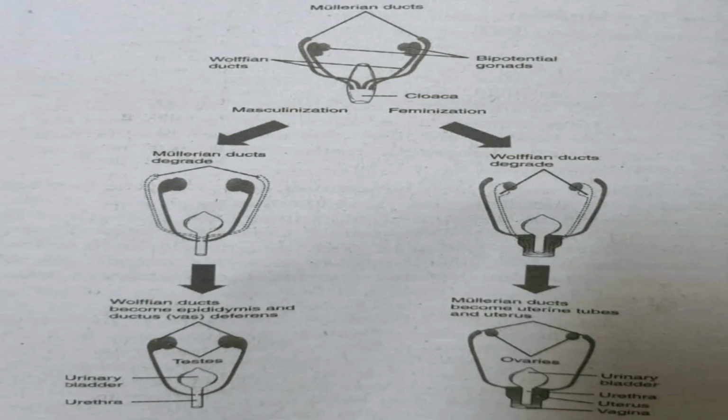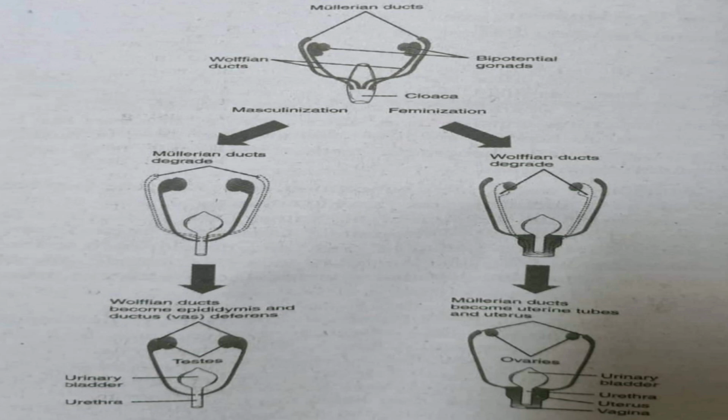This illustration is the cycle of Mullerian ducts. There are left and right ducts, the Wolffian ducts and bipotential gonads, and the lower part is a cloaca, which undergoes masculinization and feminization. On the other side, with masculinization the Mullerian ducts degrade, while with feminization the Wolffian ducts degrade.